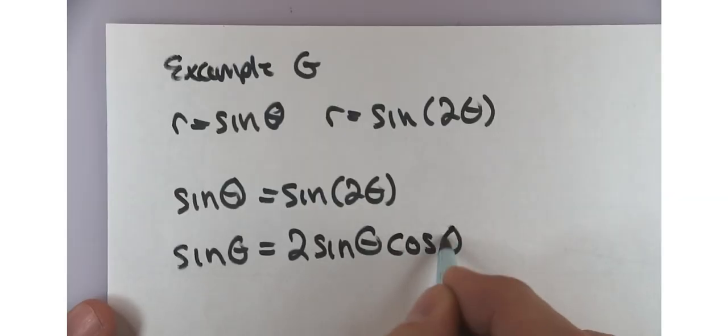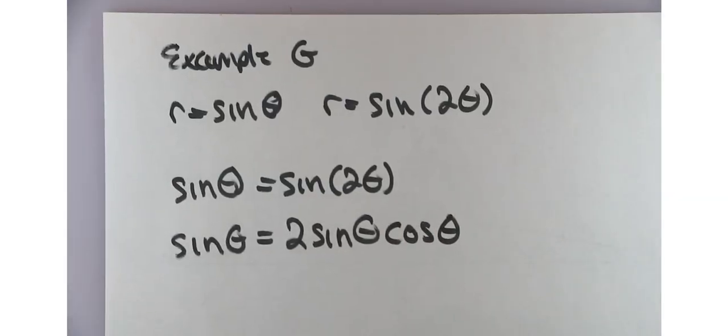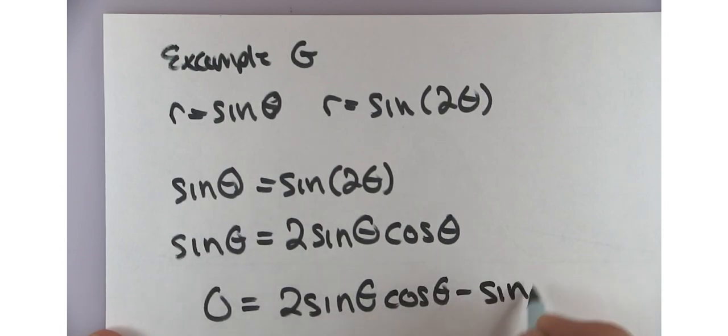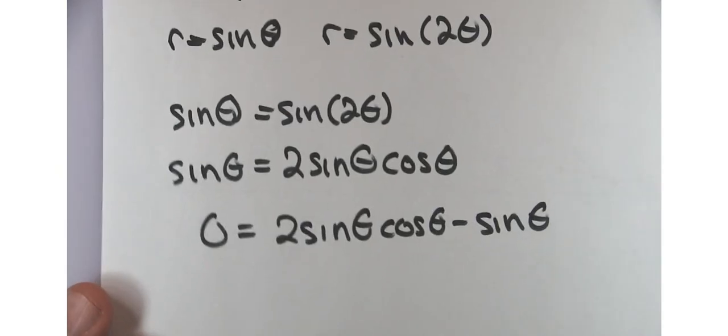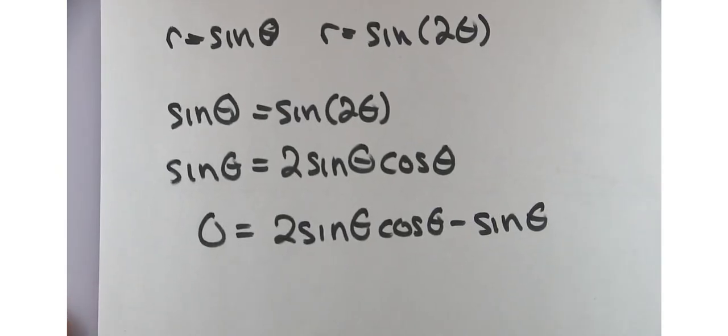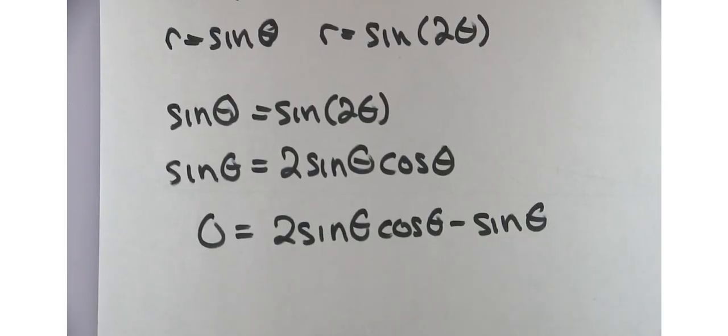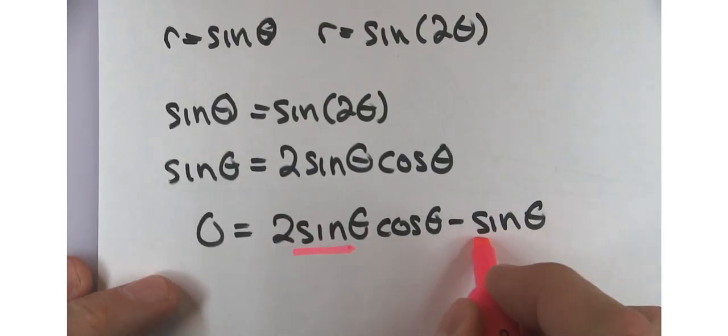Nice. It's helpful in a lot of these problems to have 0 on one side so we can start using the zero product property. So, sine of 2 theta, or 2 sine of theta cosine of theta, minus sine of theta. If you notice, I've got a sine of theta in both of these terms.